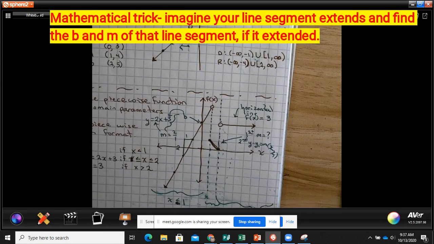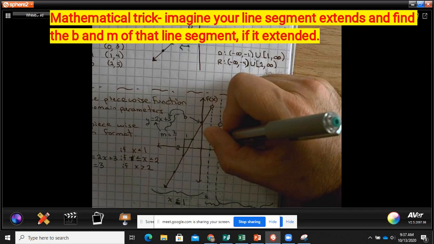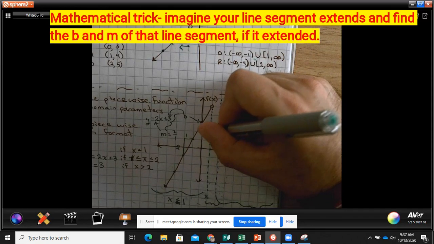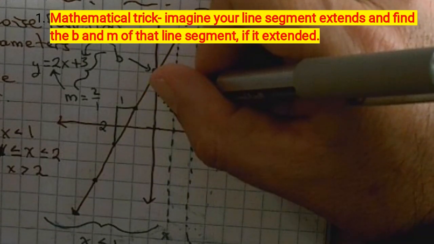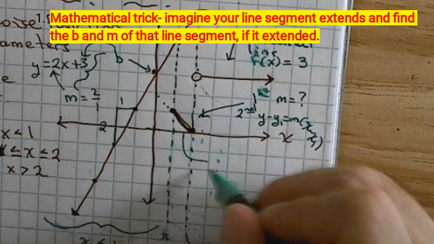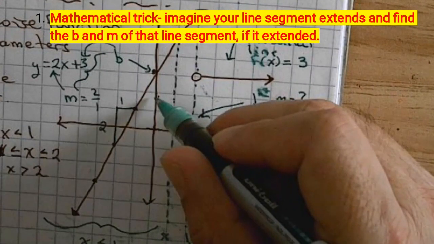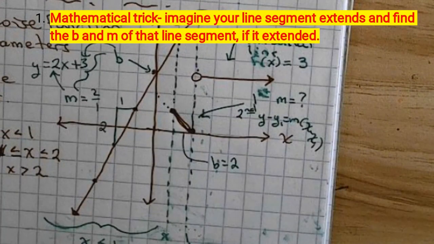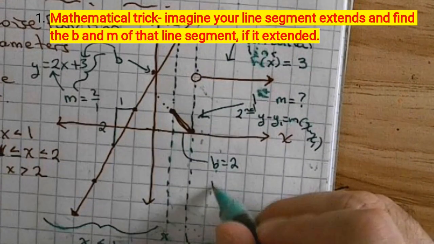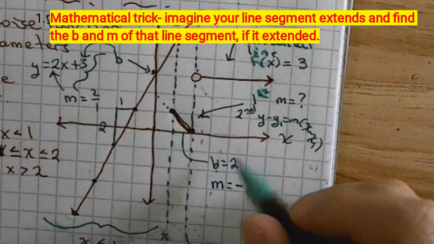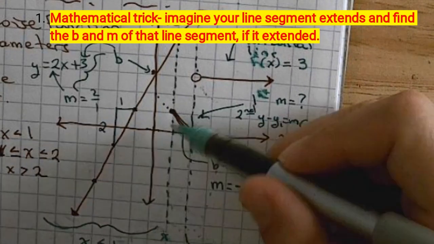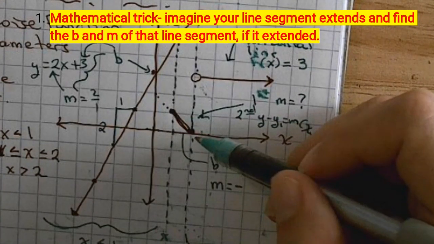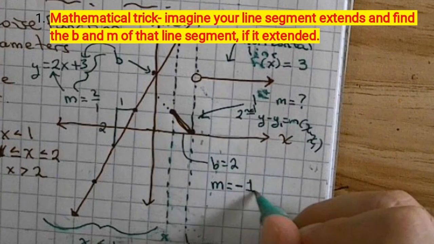What I will do instead is imagine that there's an imaginary line that continues. And if it were to continue, my b for this one would be equal to 2. And my slope would be a negative slope, negative 1 over 1, which is negative 1.